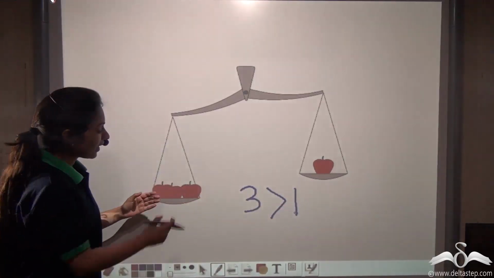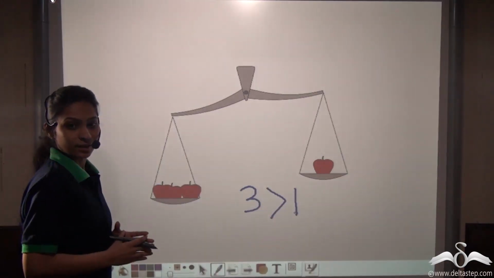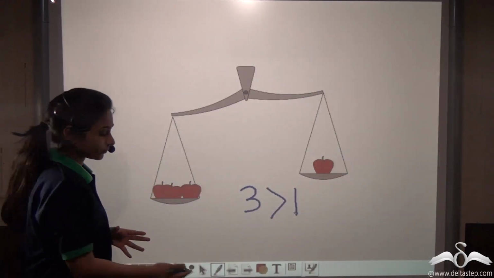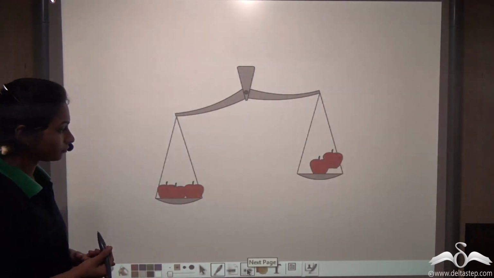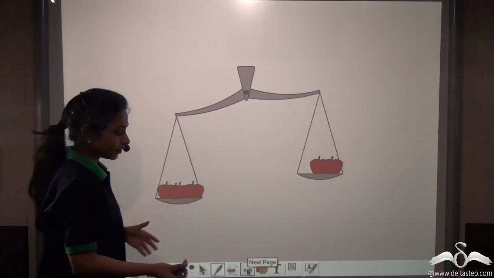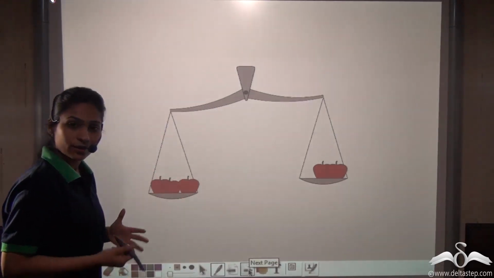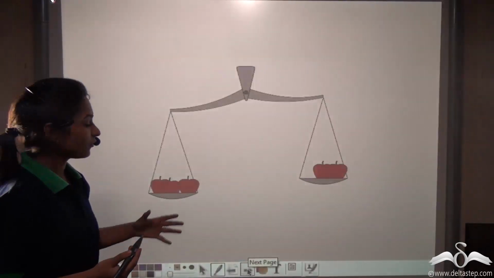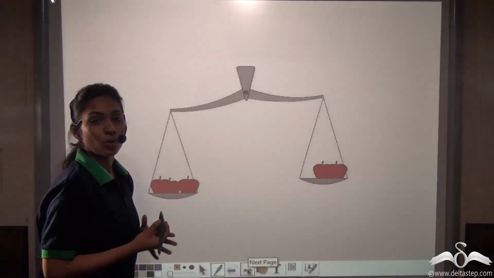Now what if I add 1 apple on both sides? Will it change? Let's see. Well, see again, this side was only greater. Now what if I subtract 1 apple from both the sides?